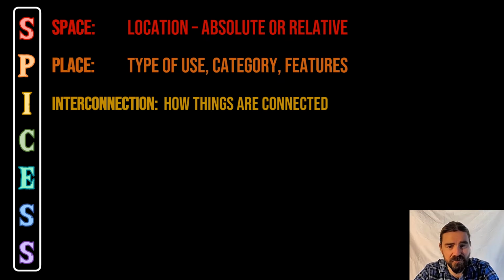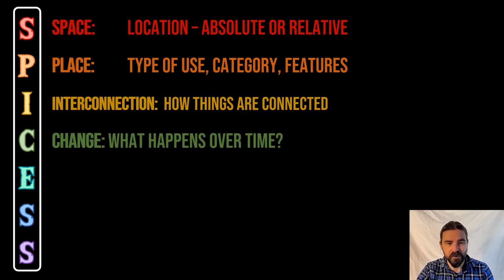The I stands for interconnection, and that's how things are connected, and that's a really broad one because that can talk about how people are connected with each other, how people are connected to the environment, to other areas of land, whatever. It's a really, really broad one. Change is basically introducing the idea of time into the concept, so that's what happens over time.